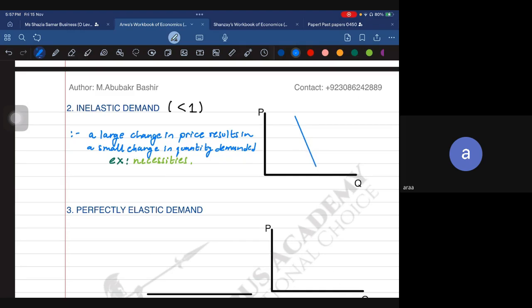I don't think this one is going to be like that because price will change a little bit. Don't you think this is right? Yeah, it is right. It has a small change in quantity demanded.